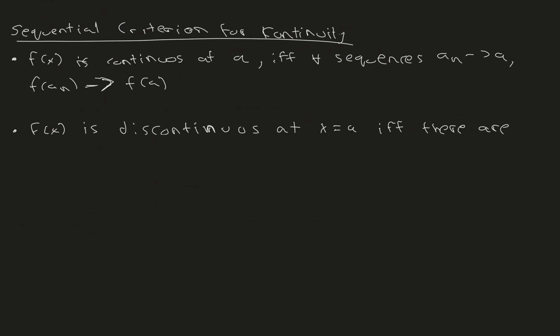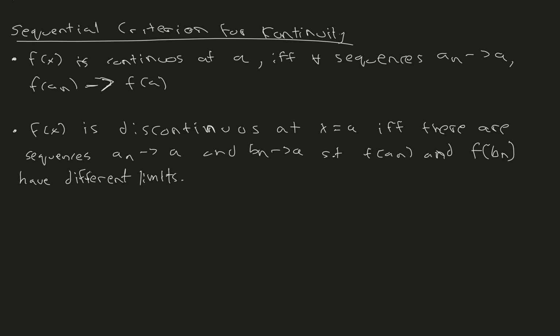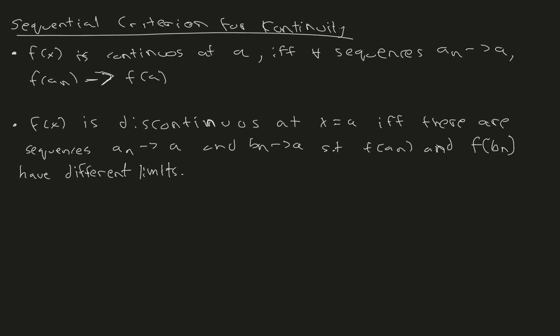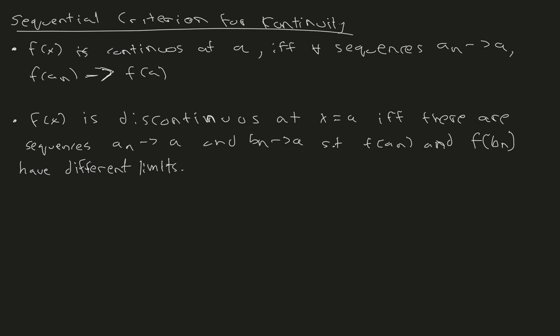Before we look at some examples, let's take a look at the sequential criterion for continuity. Just as we had one for functional limits, this is pretty much the same for continuity. We say that f of x is continuous at a if and only if for all sequences a n which tend to a, f of a n also tends to f of a.